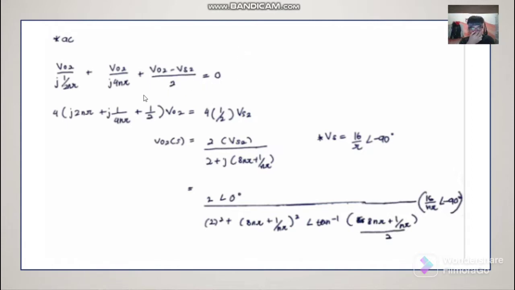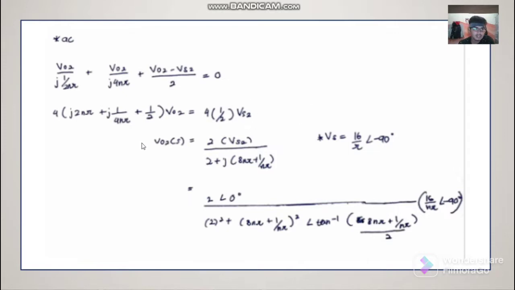So we simplify it using the nodal method, and then we will get 4 in bracket (j2n pi plus 1 over j4n pi plus 1 over 2) close bracket VO2, and we will get the answer equal to 1 over 2 VS2. So this is the answer.